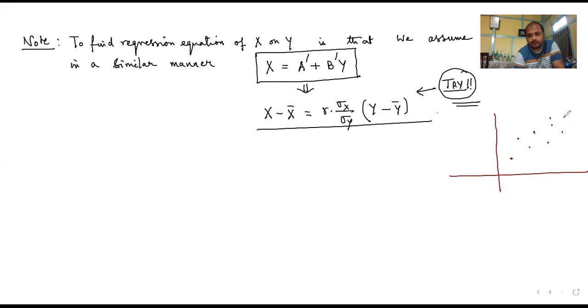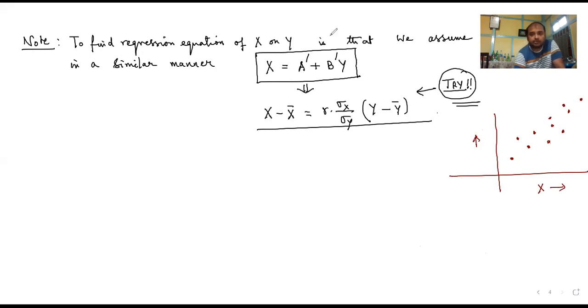These are the points. We know that some sort of linear tendency is hidden inside the points, and when the variable x is increasing, the variable y is also increasing.